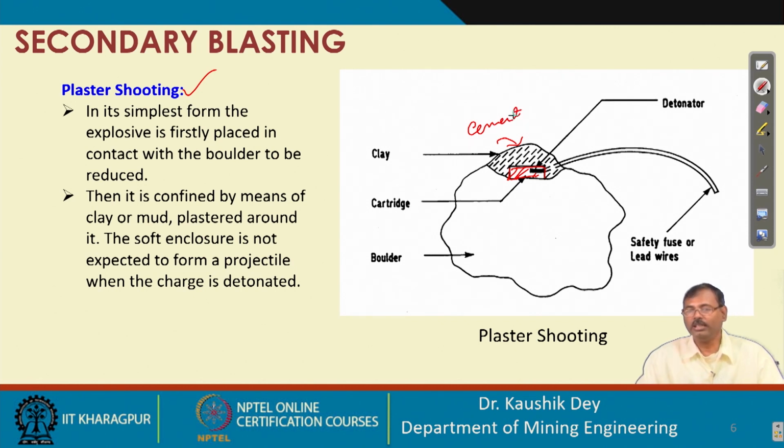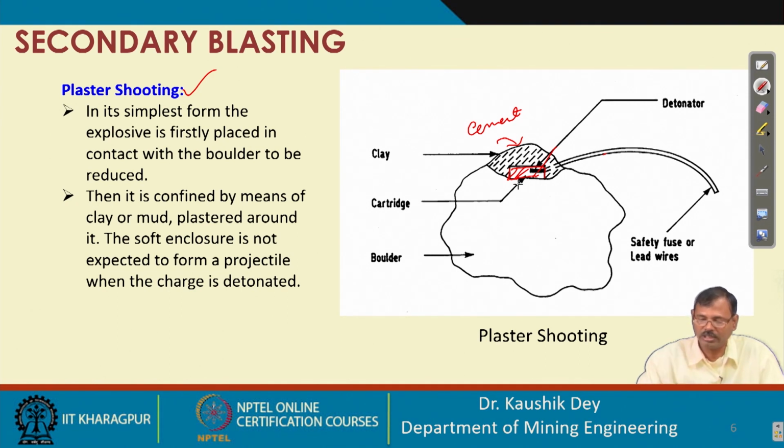So basically you plaster the explosive on the wall of the boulder, using either clay or cement, and then detonate it. It is the explosive, detonator, and the other required accessories.